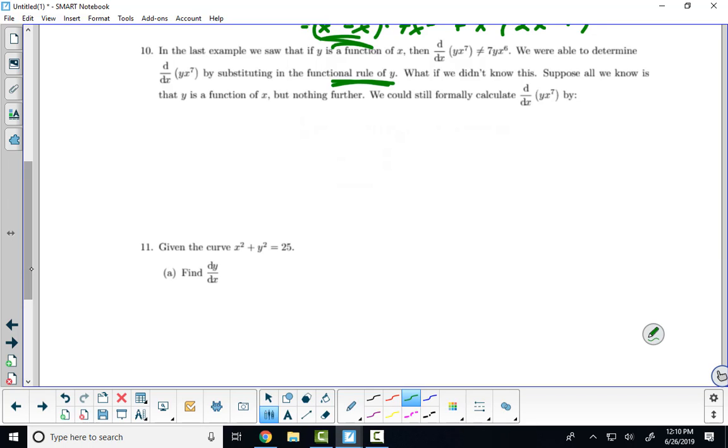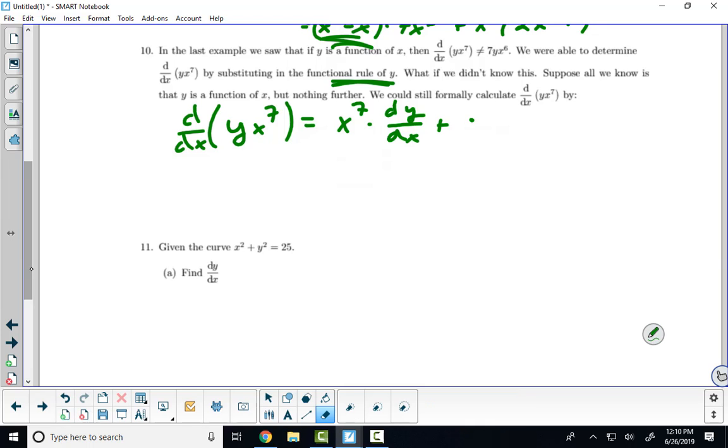So let's go ahead and do it again. Without knowing what y is, let's take the derivative of yx to the 7th. The only thing we know is that it defines a function of x. So here we go. Oops, sorry, I'm doing my product rule backwards.